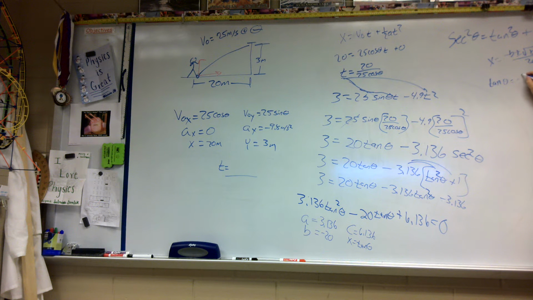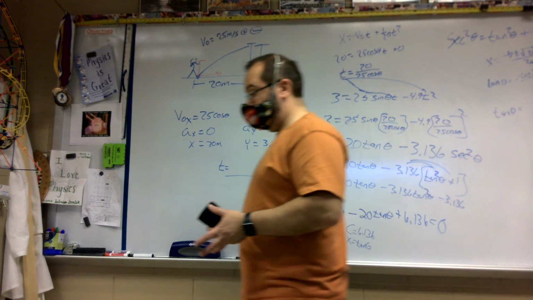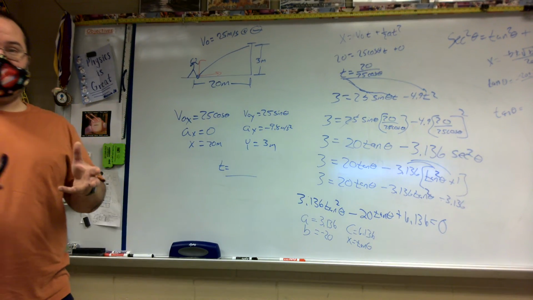negative negative 20 plus or minus the square root of negative 20 squared minus 4 times 3.136 times c, which is 6.136, all over 2a, which would be 2 times 3.136. And I get tangent theta equals, and there are two values, a plus and a minus. If you have a scientific calculator, use it.